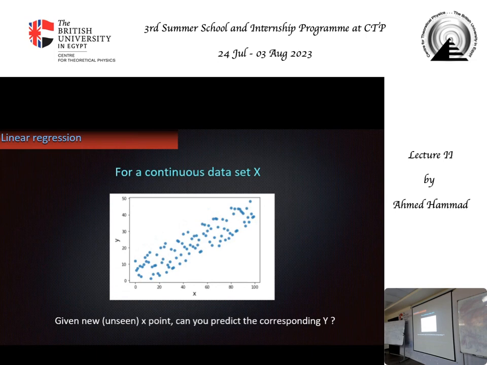And then we have this function, f. The point is the following: if I give you a new x, can you predict y? Yes, we can do that, but under one condition, that you know what f is. So in our case here, what do you think f is?